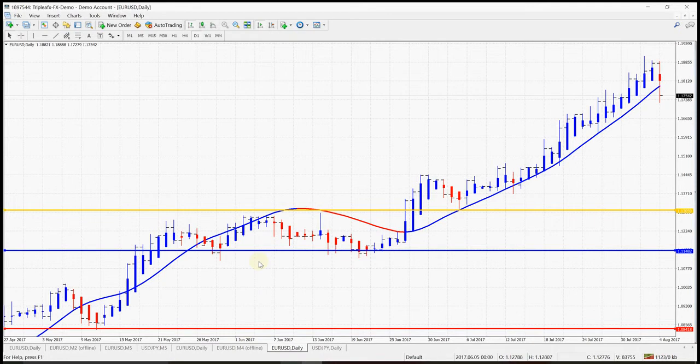In this occasion, we'll see that our profit level was not touched, but our stop loss was touched. So we will lose this particular trade. This sell trade is a loss.